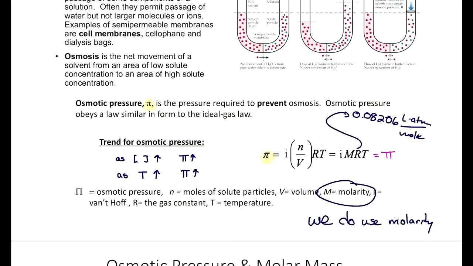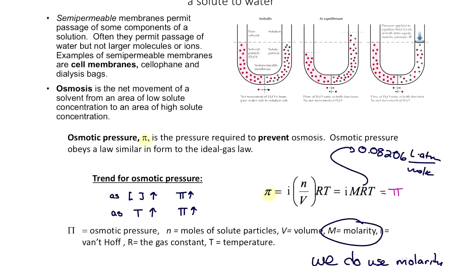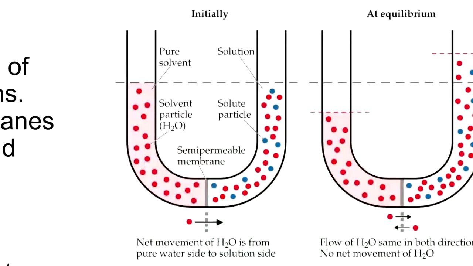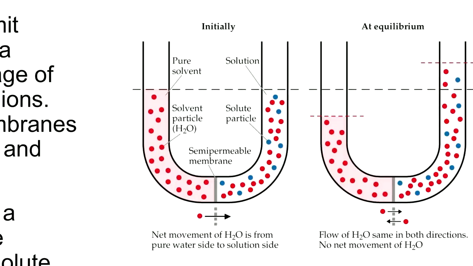Okay, so what is osmotic pressure? I gave you the definitions: higher concentration of salt or solute, higher osmotic pressure. So if I have a system where I have two different solutions with different concentrations separated by a semi-permeable membrane, what that means is that water is free to move on either side of the system, okay?